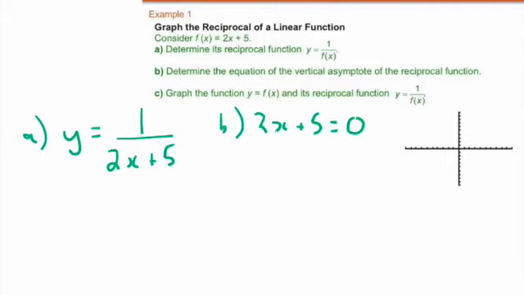So to get x by itself, subtract 5 from both sides. And divide by 2.